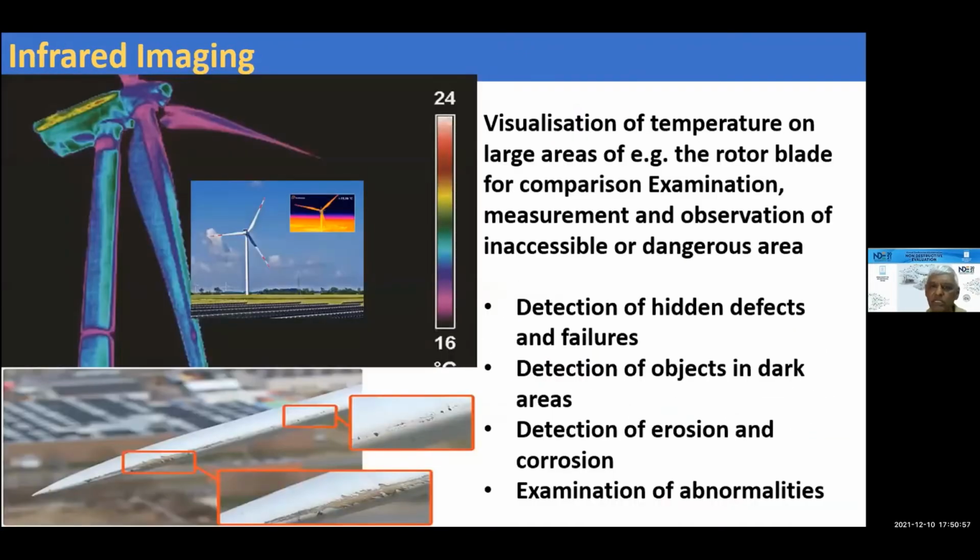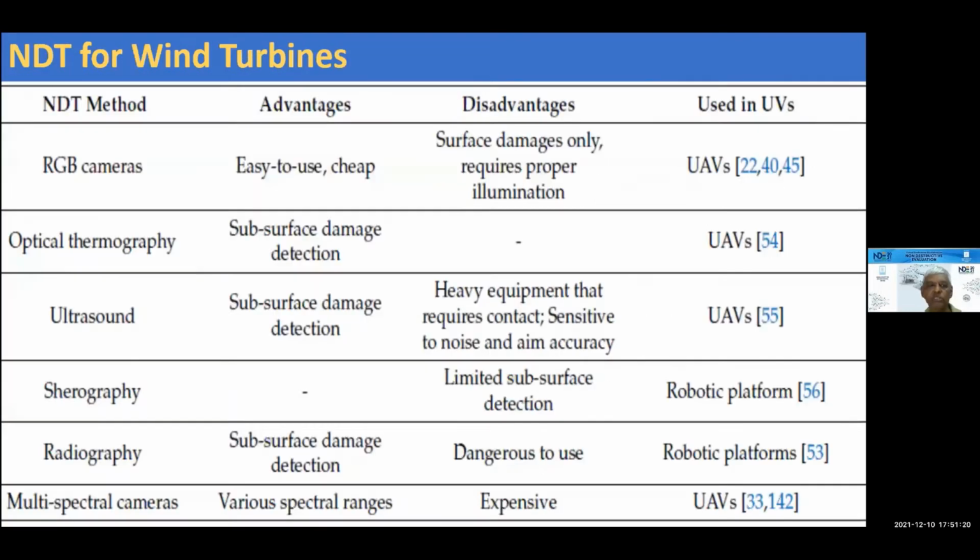Infrared imaging for wind turbines, excellent use of drones, because the payload is very light, and you could mount it on the drones along with visual cameras and really get a lot of additional information by infrared imaging, because these blades are made of a material called composites, and for composite inspection, infrared imaging is an excellent tool. And you can see here how they have detected various kinds of damages, erosion, corrosion, and so on.